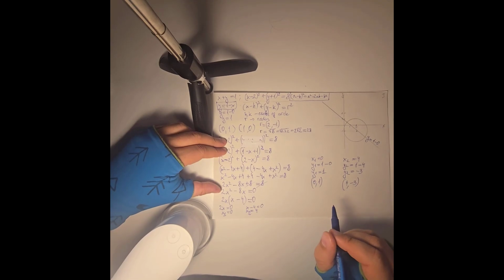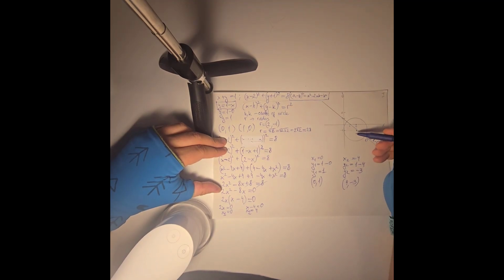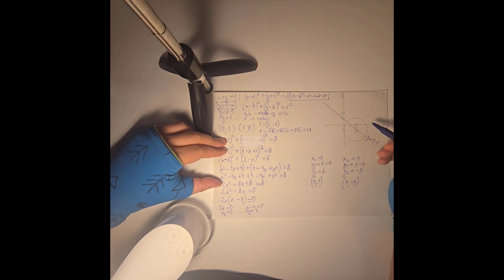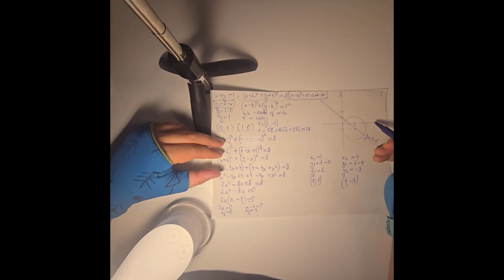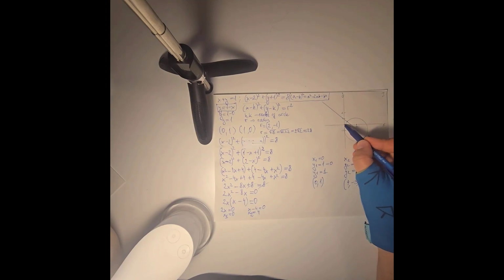Okay, let's take a look at our graph here. This is the first one: 0 and 1, 0 on x and 1 on y.